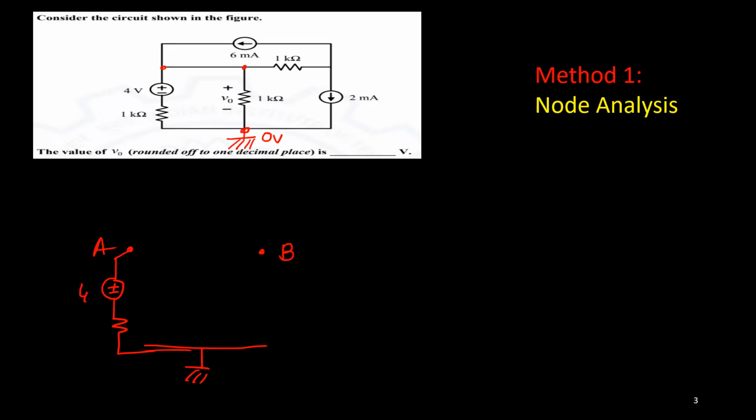So this is your 4 volt, this is 1 kilo ohm, and this 1 kilo ohm resistance is also connected to ground, and from here you have one current source on this side, then its end point is B. This is your 6 milliampere, sorry, these are all kilo ohm.